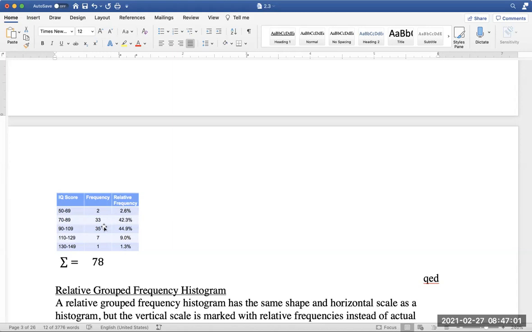So 2.6%, 33 divided by 78, 42.3%, 35 divided by 78, 44.9%, 7 divided by 78, 9.0%. And you need the 0 here to denote the fact that you're rounding to the nearest tenth. 1 divided by 78, 1.3%.